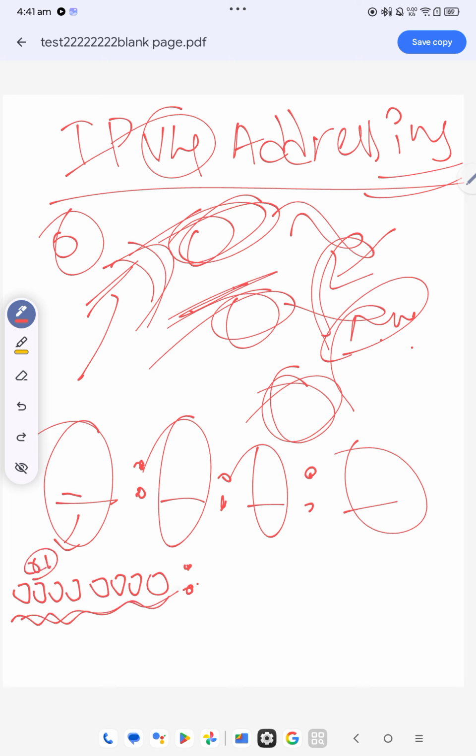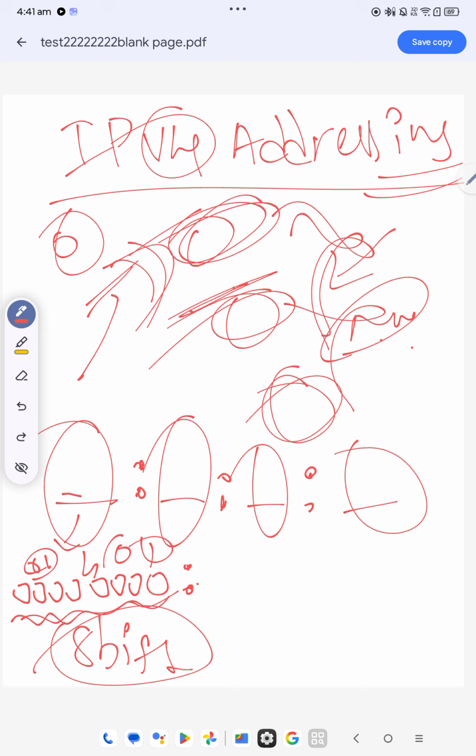Only 0s and 1s are filled in these 8 bits. So in total how many bits? 8, 8, 8, 8, four 8s are 32 bits.